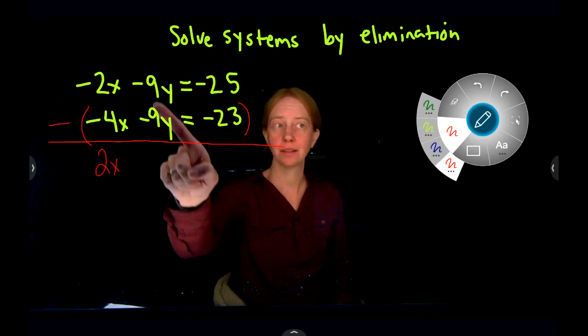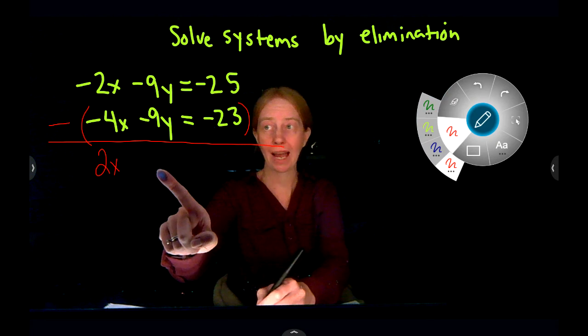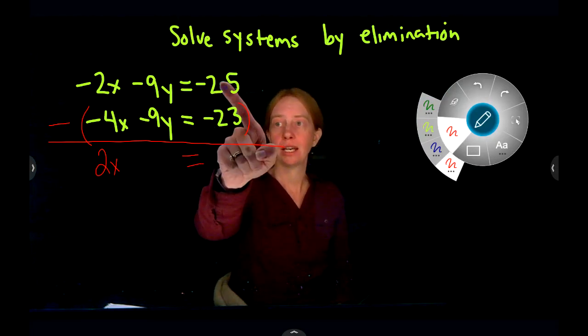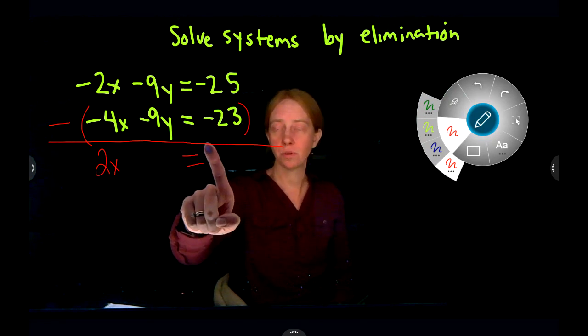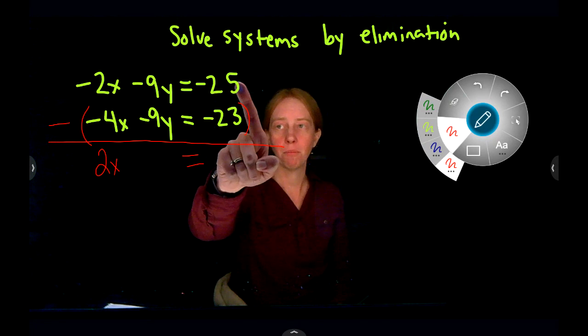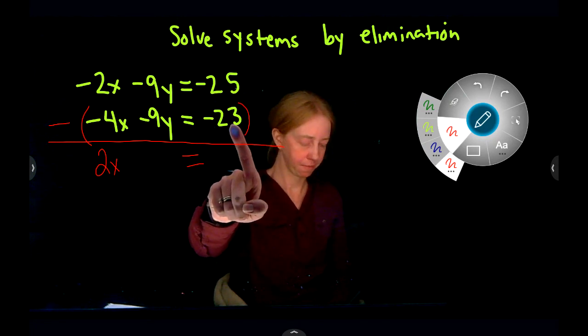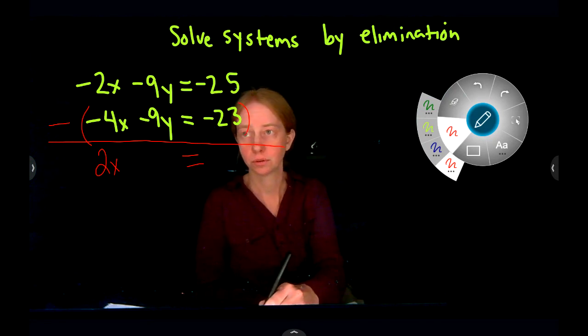So that's plus. So -9y plus 9y is 0. So we don't have anything there. I'm not going to write anything there. Okay, and I have -25 minus a -23, so that's plus. So -25 plus 23, okay, that's -2.